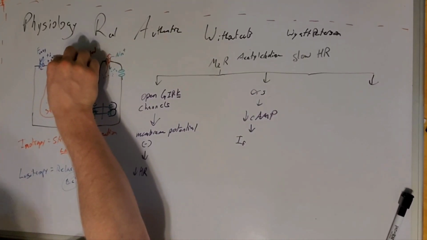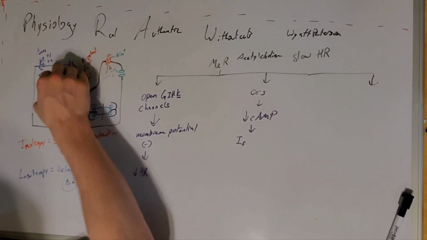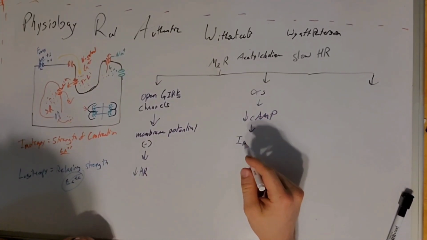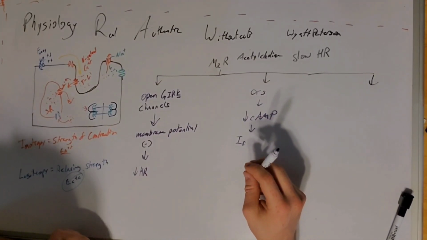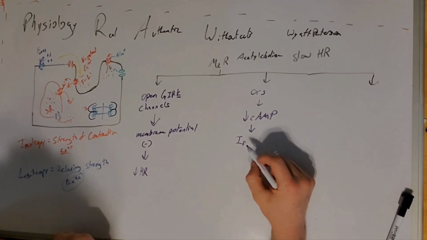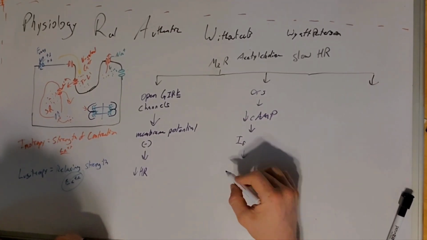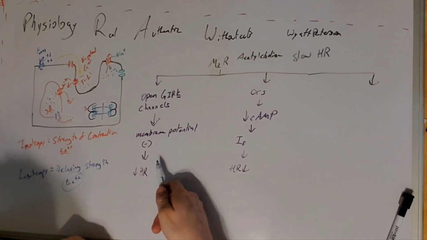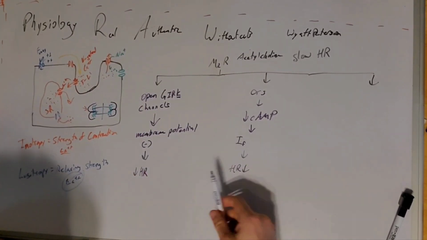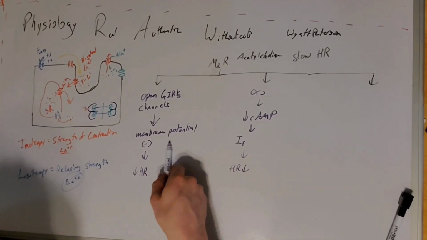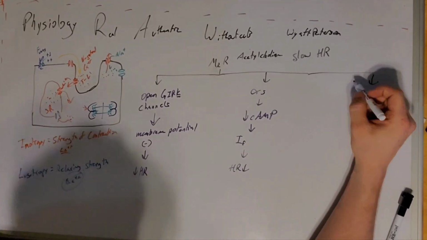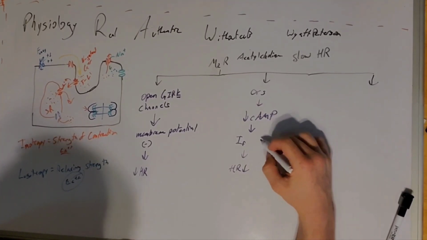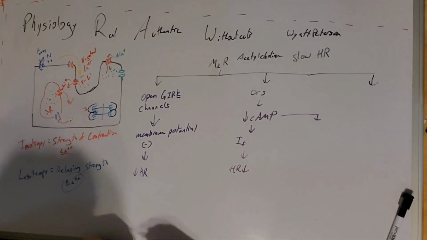So if no positive ions are able to get inside to make sure that the cell doesn't go into hyperpolarization, that means heart rate will also decrease, because it's basically like this one, making the membrane potential more negative. So there's that. And then also on this, from here, I guess I don't really need this one.